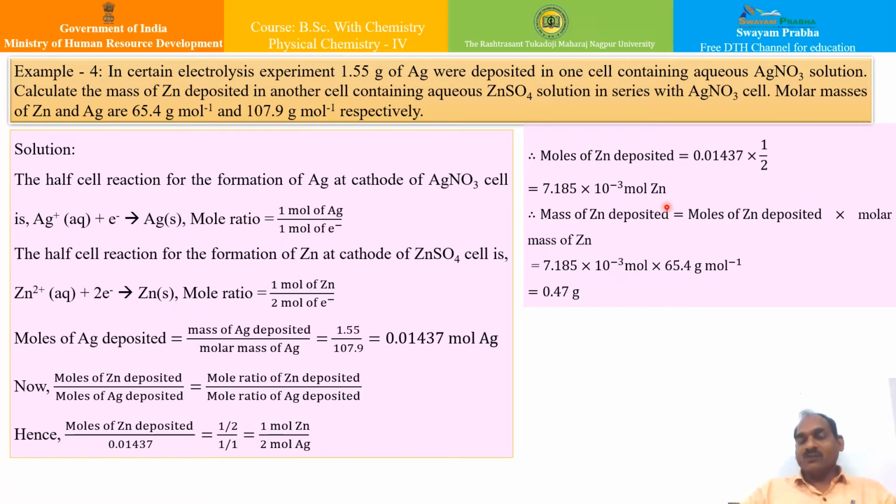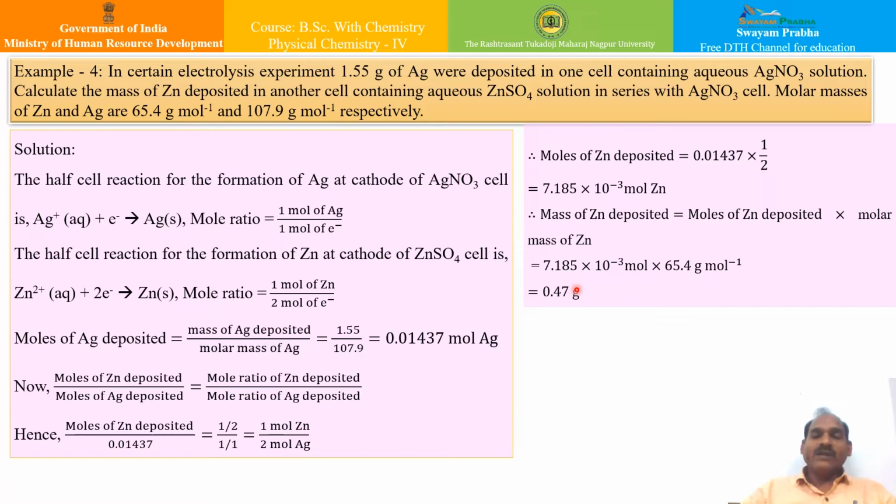And from these moles of zinc I can calculate the mass of zinc deposited. So mass of zinc deposited is equal to moles of zinc deposited multiplied by molar mass of zinc. If I substitute the corresponding values, I get 0.47 grams. So the mass of zinc deposited in the ZnSO4 cell, which is connected to the silver nitrate cell, is about 0.47 grams.